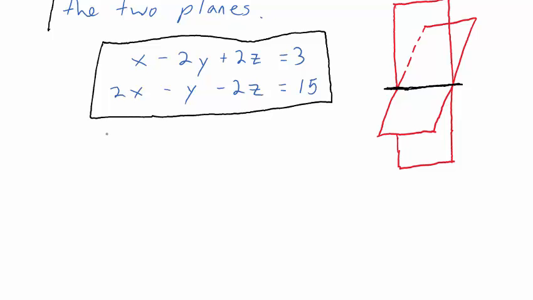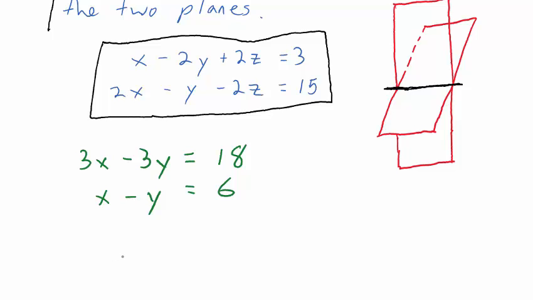Okay, you add the two equations together, we get 3x minus 3y equals 18, or x minus y equals 6 if you divide by 3.